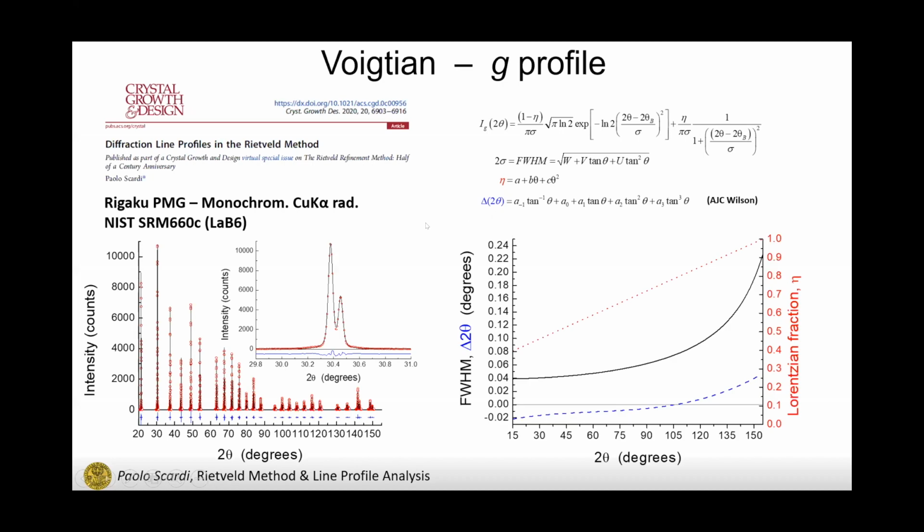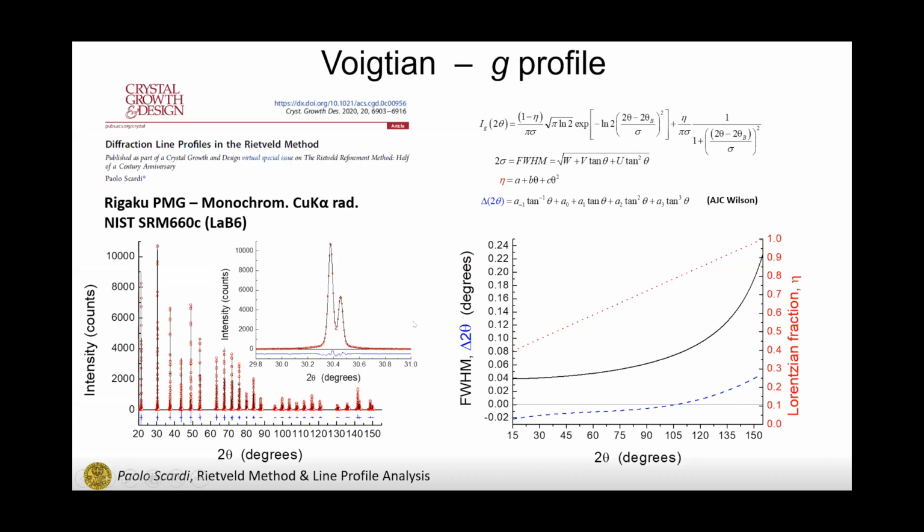So basically by fitting to the pattern of a standard, which is now the lanthanum hexaboride from NIST, you can obtain these relations which provide you the instrumental profile at any needed angle. So this is what we call a parameterization.